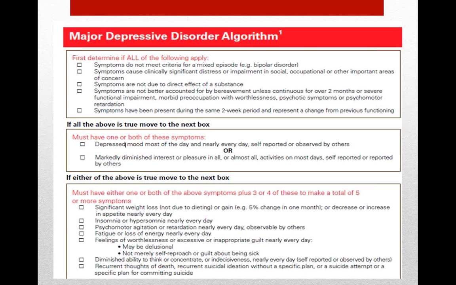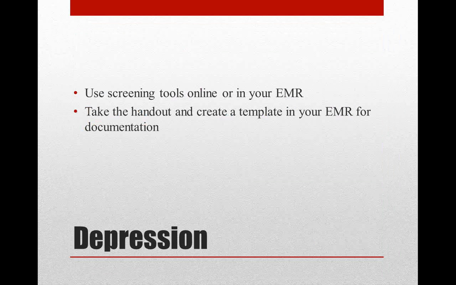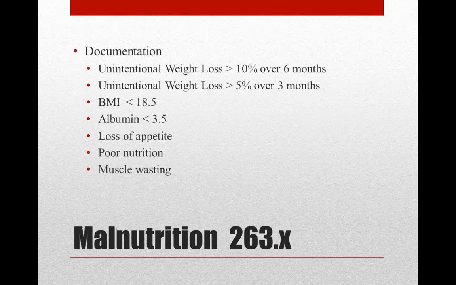Then, depending on how many of those you have, you make sure you have either 3 or 4 of the next 7. Again, that's a lot to remember, but most of us have EMRs now, we have other screening tools to use, or we can take this handout and create a template in our EMR for the documentation. So you need to look at those 311 diagnoses and make sure they don't qualify as a major depressive disorder.